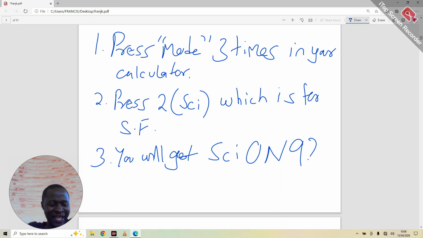Then press 1, 2, 3, 4, 5, and so forth, to that significant figure. Then the fourth procedure: press the number you've been told to express to a certain significant figure.